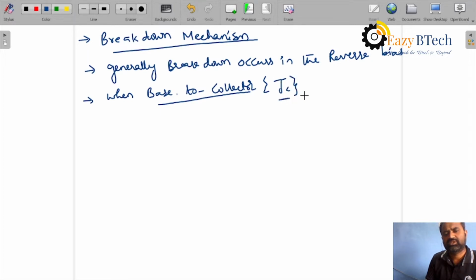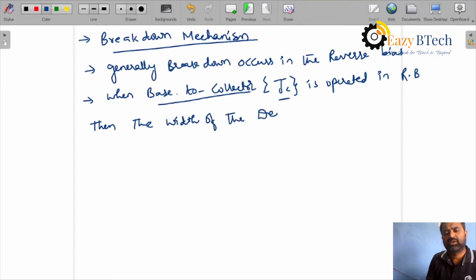When the JC junction is operated in reverse bias, then the width of the depletion region changes.